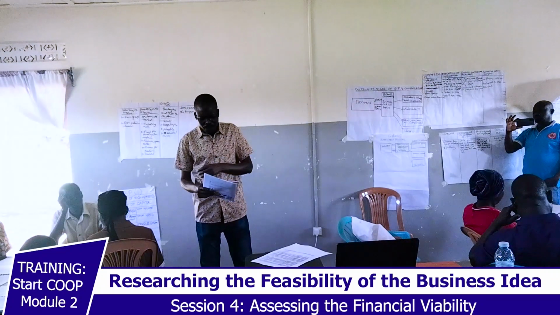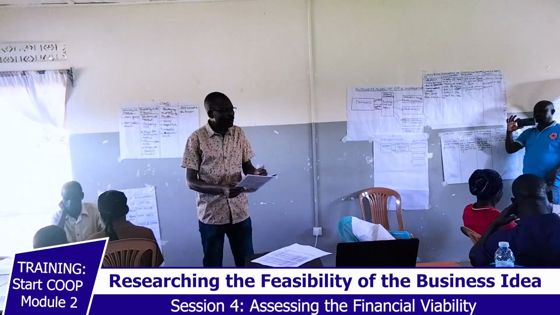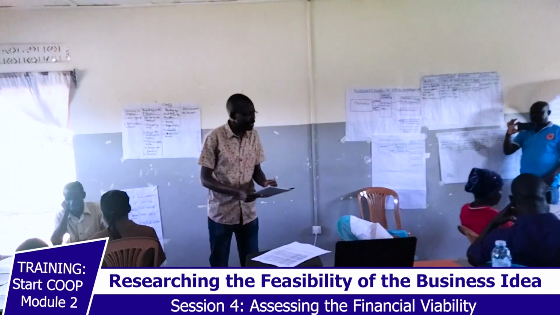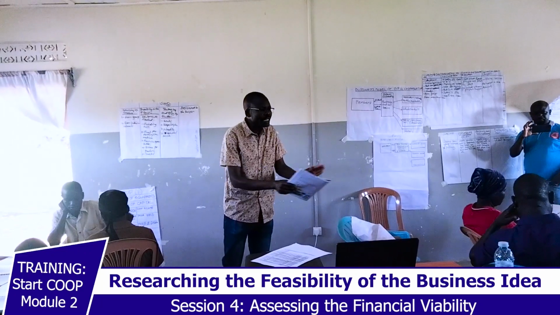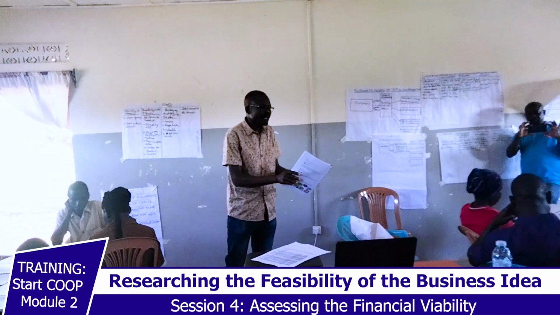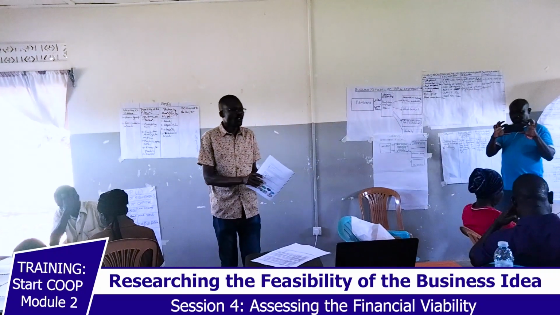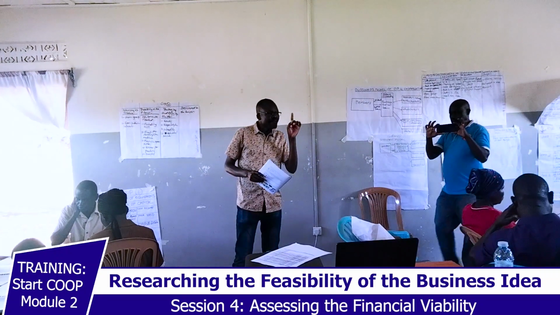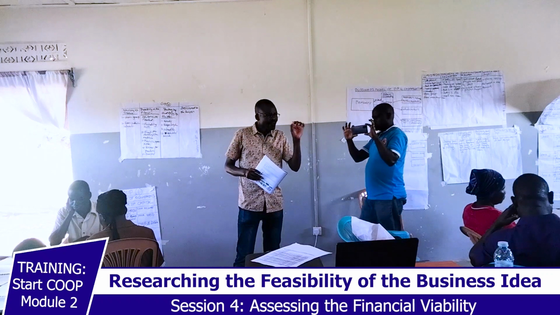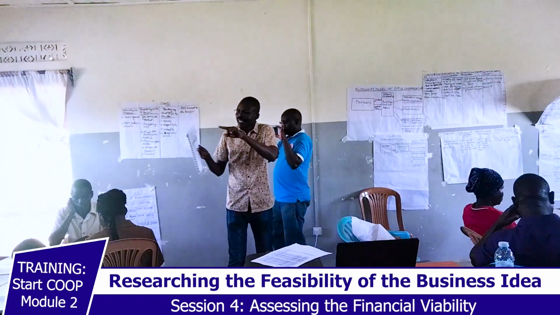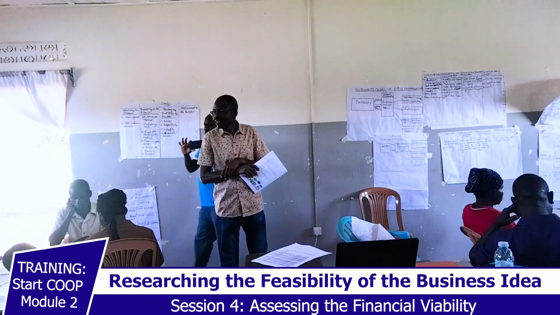Okay? Because you can see some of the money here you are going to lobby from local government. So they want you to remove that money away, and others from fundraising, such that you get the difference. Now that difference of the money is what you can say, let each member bring this amount.